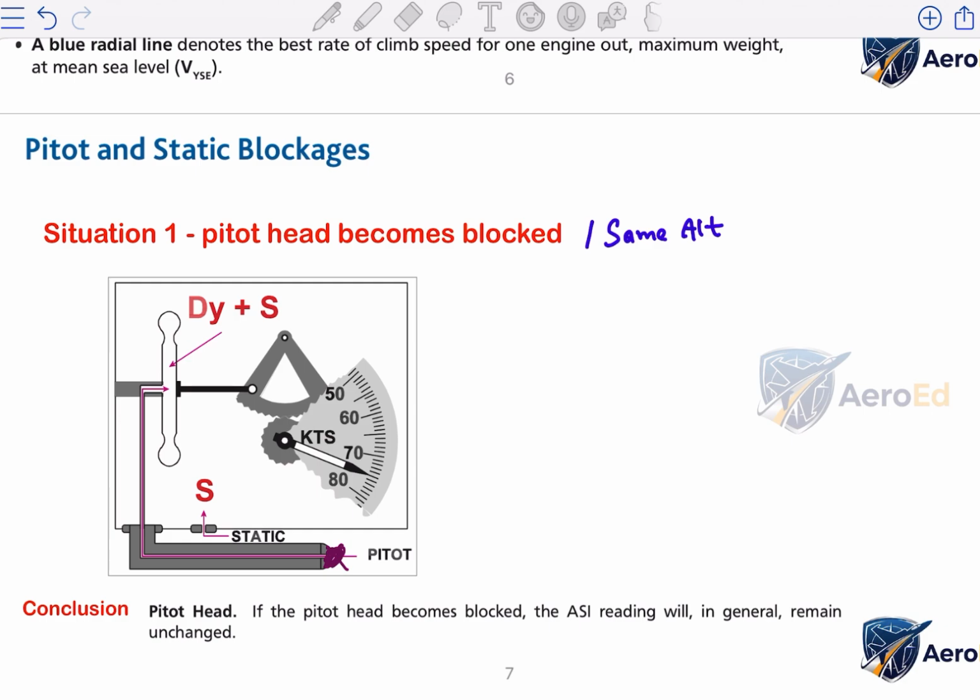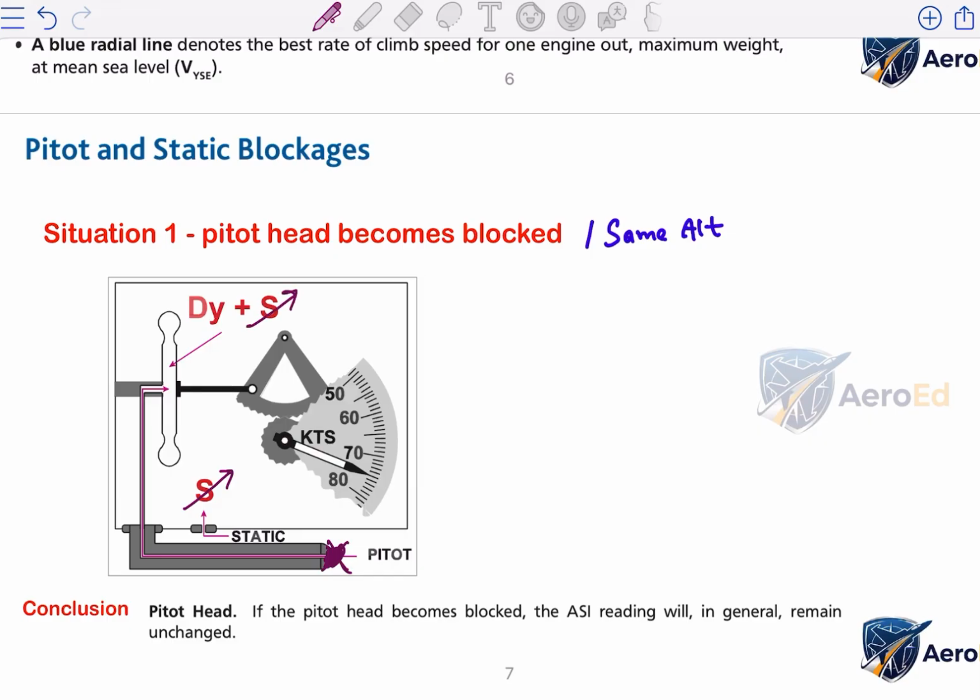The first situation is when the pitot head becomes blocked but the aircraft is at the same altitude. We know that the contraction and expansion of the capsule is due to the dynamic pressure only. As the static pressure inside the instrument case and the capsule is the same, it cancels out.